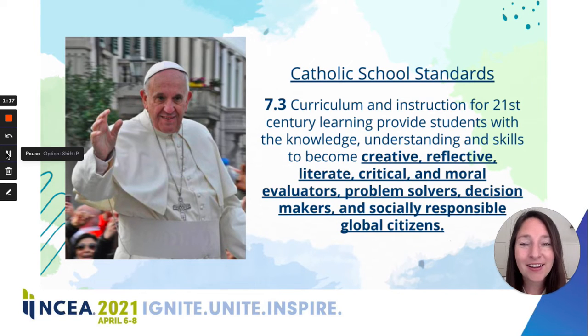All right, so we're back, and at the risk of losing you, I really wanted to read directly from the screen because this Catholic School Standard 7.3 was such a laser focus point for me when creating this project. Catholic School Standard 7.3 is that curriculum and instruction for 21st century learning should provide students with the knowledge, understanding, and skills to become creative, reflective, literate, critical and moral evaluators, problem solvers, decision makers, and socially responsible global citizens.